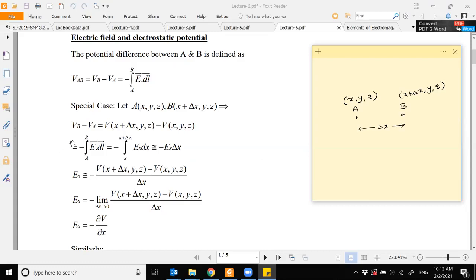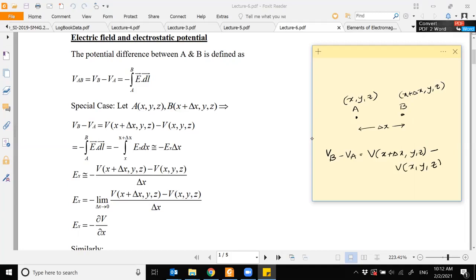Then VB minus VA is nothing but the potential at this point, (x plus delta x, y, z), minus the potential at this point, V of (x, y, z).